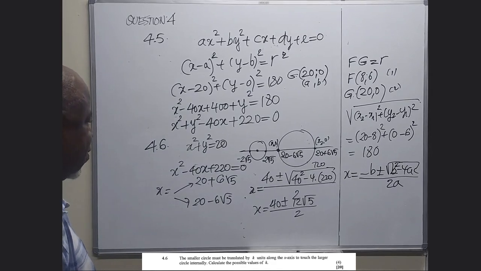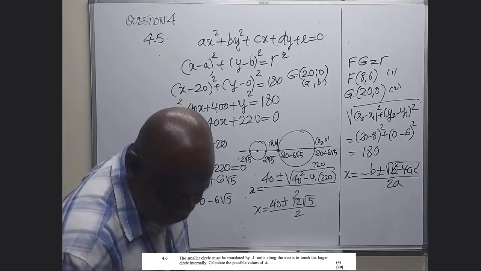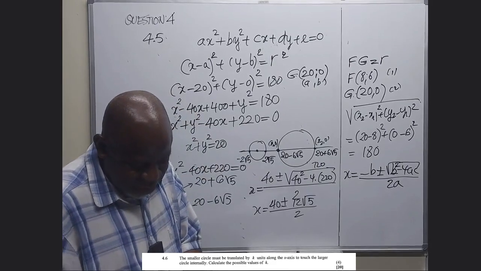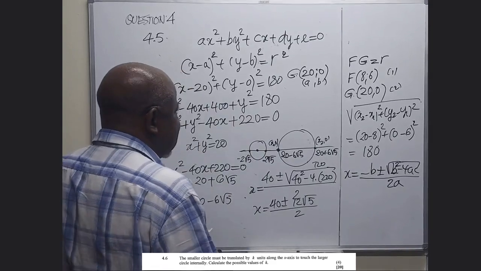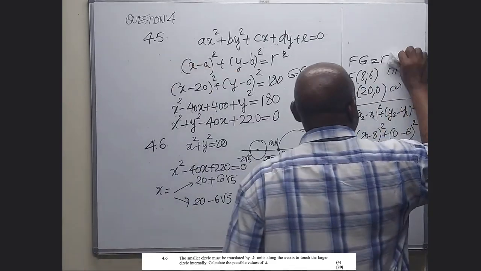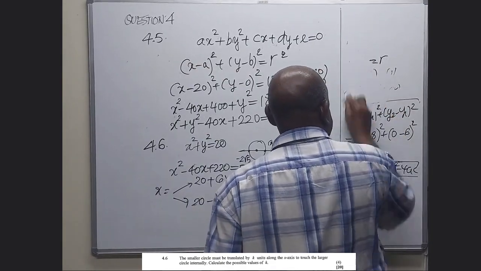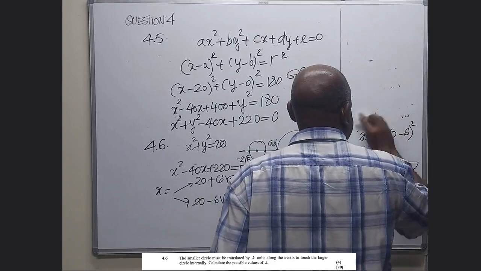Now, the question was to get what? The value of k. If we want to get the value of k here, what are we going to do? I'm going to clean the board here so we finish this question.